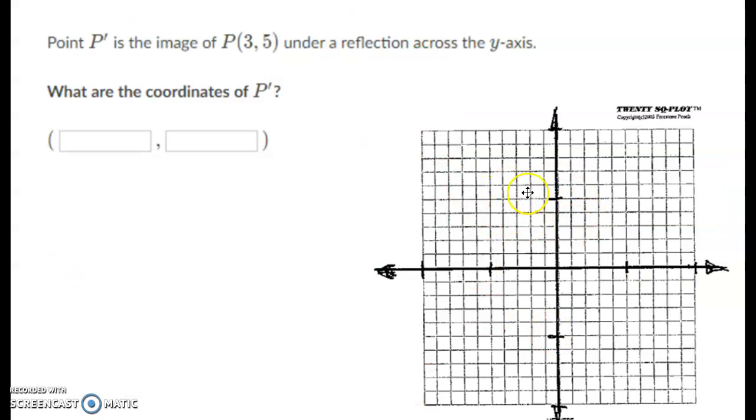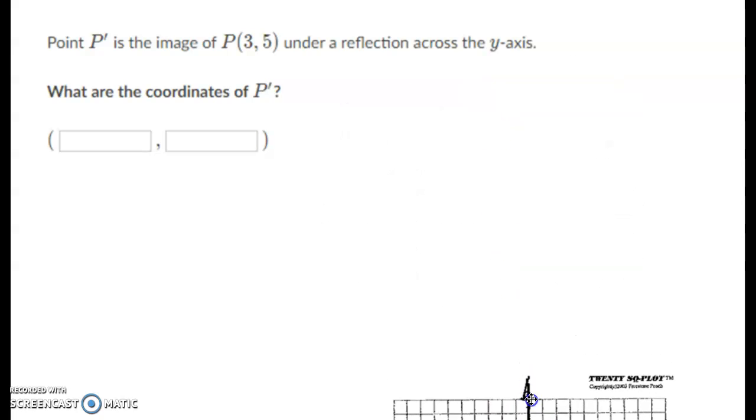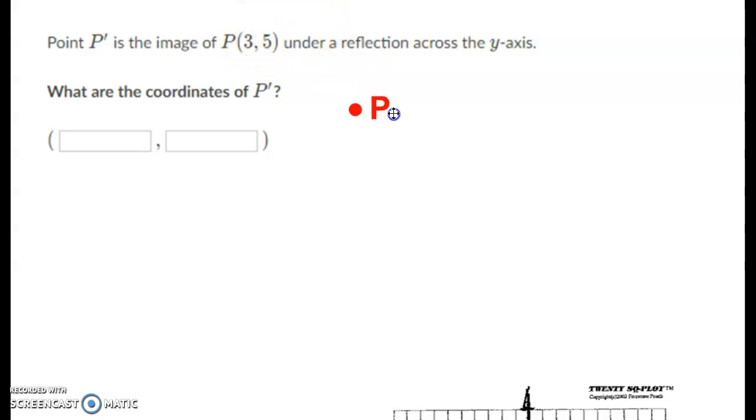So this time in Khan Academy, they don't actually give you this coordinate plane, which is really helpful to see to understand what's going on. All they give you is this right here. They're saying I have some point P, and it's at 3, 5.